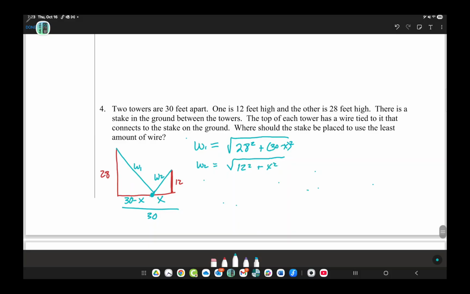And the idea here is that the total length would be the sum of these two. So the wire is equal to the square root of 28 squared plus (30 minus x) squared, plus the square root of 12 squared plus x squared.